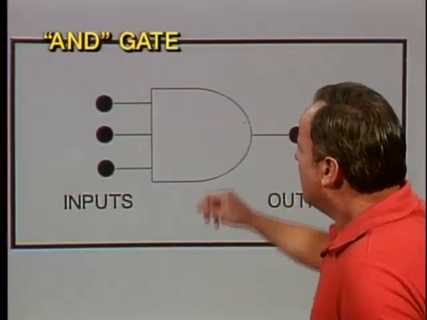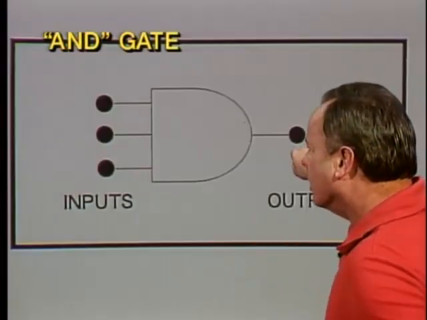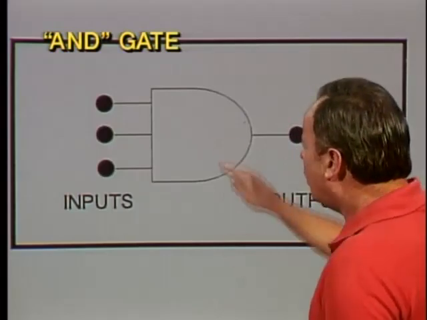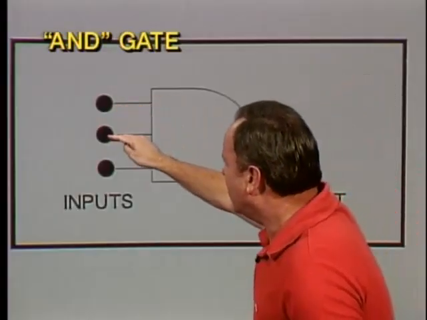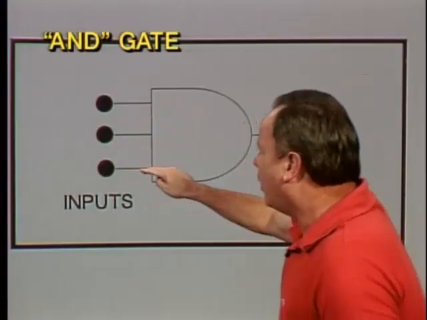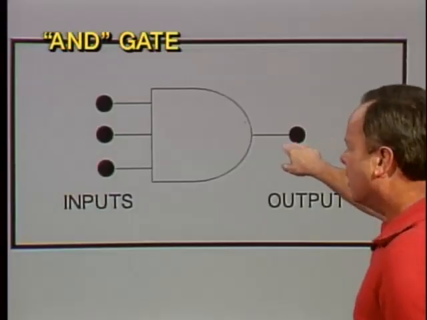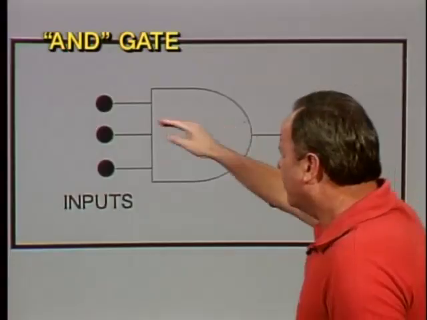Because in order for there to be an output charge out here on an AND gate, in this particular case, what you have to have is all three of these be true. There must be a charge here, and here, and here. And if all three of those are true in this particular case, then you would have an output here, and that is what is known as an AND gate. So all three of them have to be true.